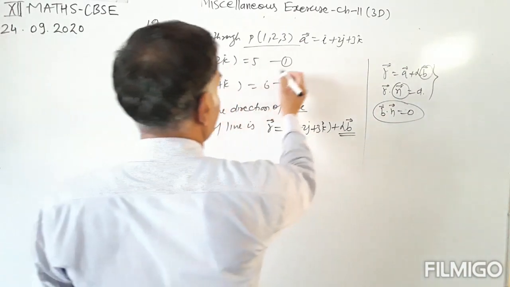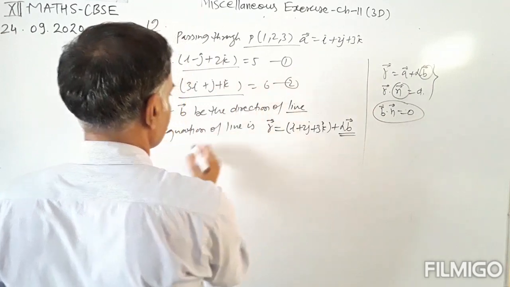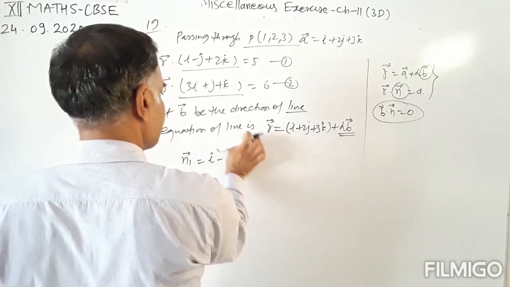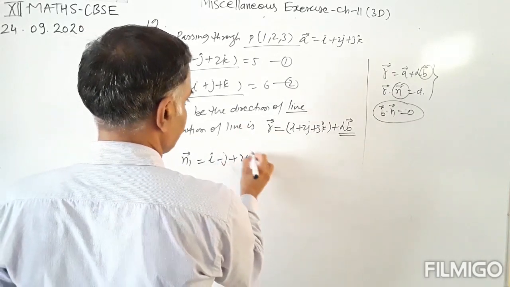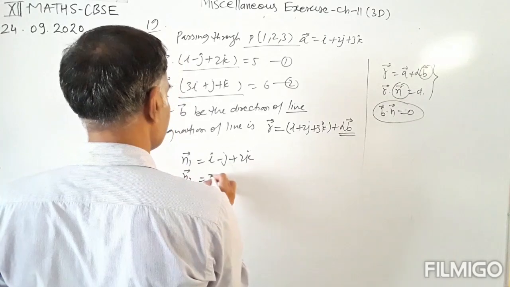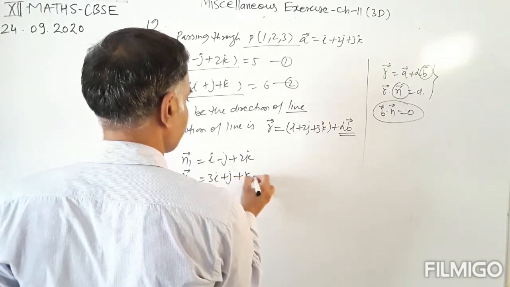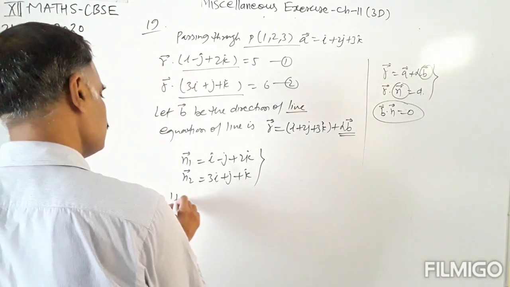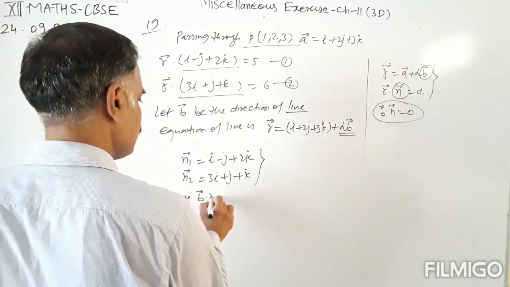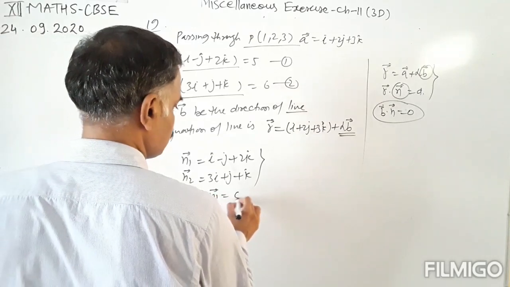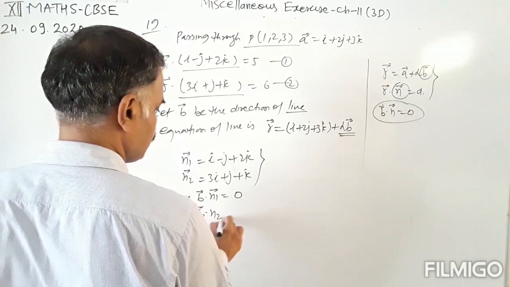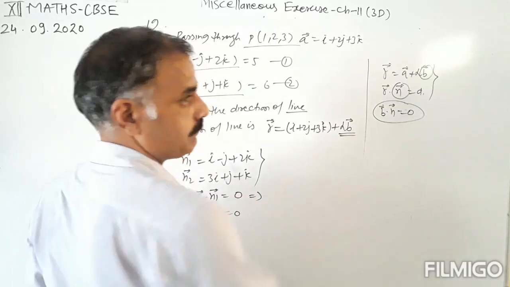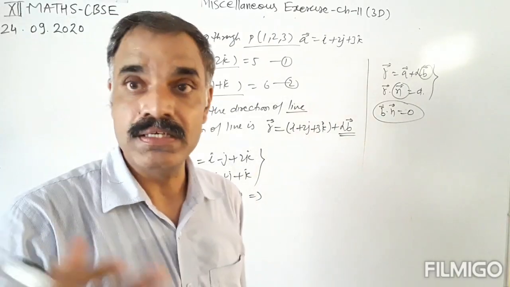Now n1 vector is i cap minus j cap plus 2k cap, and n2 vector is 3i cap plus j cap plus k cap. Now b dot n1 equals 0 and b dot n2 equals 0. Let the components of b vector be a, b, c.